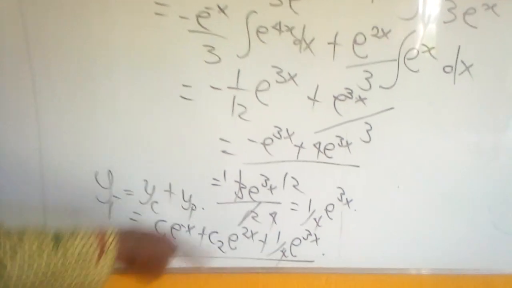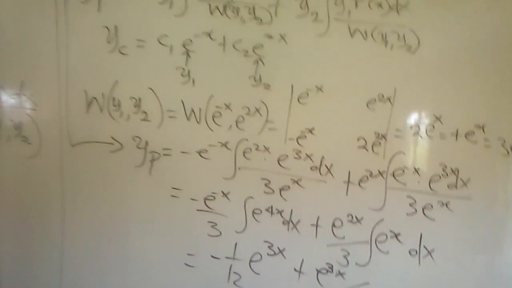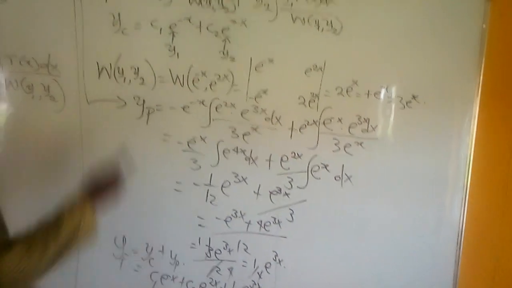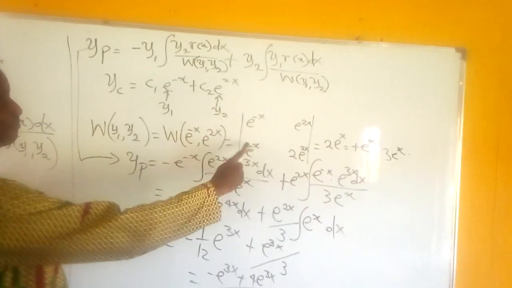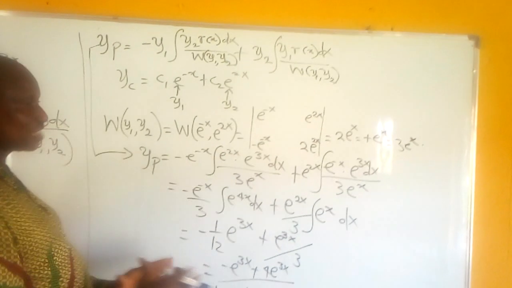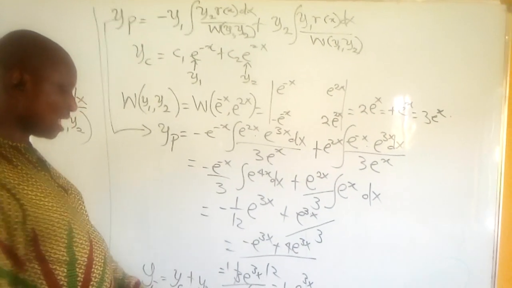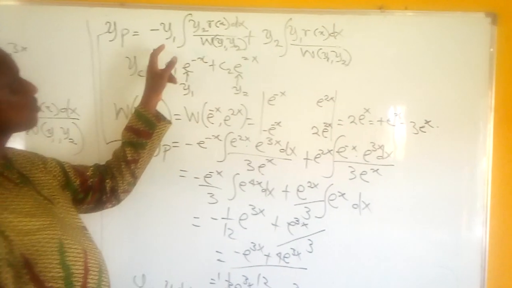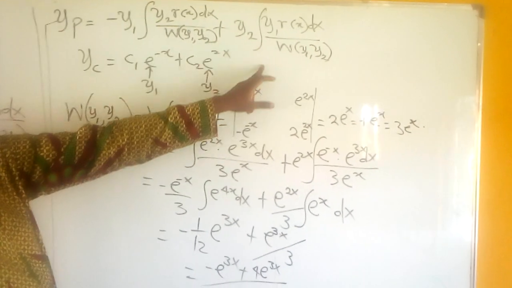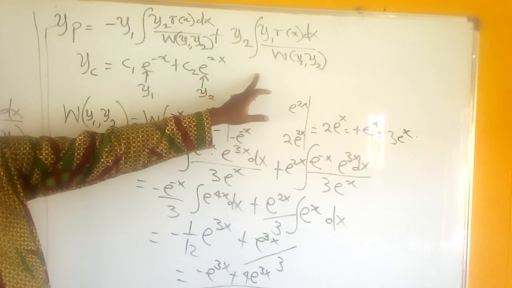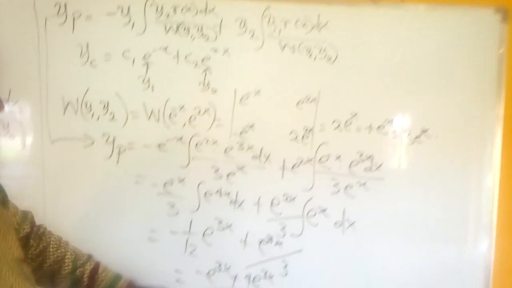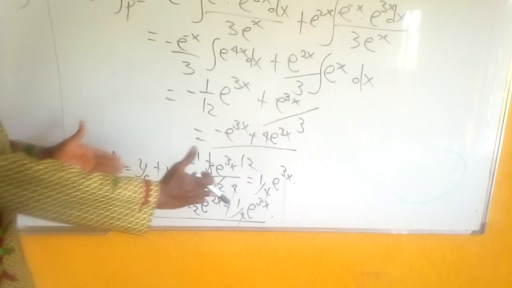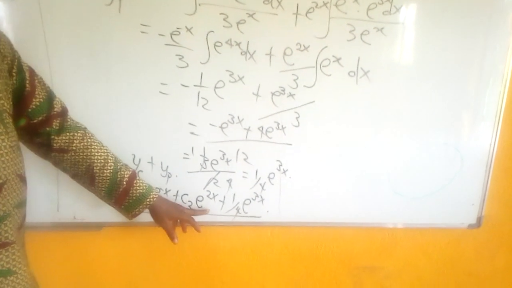The y particular from Wronskian methodology gave us 1 over 4 exponential 3x. Take note that the Wronskian, which is this W, has to be computed by the determinant method, 2 by 2 matrix determinant methodology, to arrive at the value for the Wronskian and input it in the general Wronskian y particular expression to get our final answer, which is 1 over 4 exponential 3x. That is the particular component added to the complementary function, the homogeneous solution.